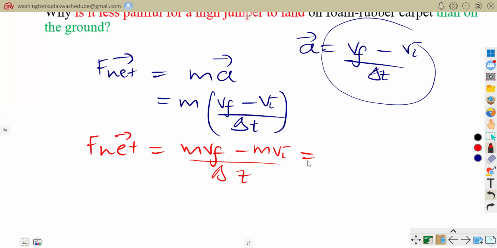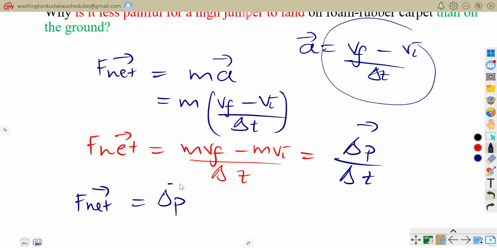Whatever is on the top is simply our change in momentum, and this becomes the rate of change in momentum. Hence, we can now say that our net force can be given by the rate of change of momentum. So Newton's second law can also be expressed as the rate of change of momentum.